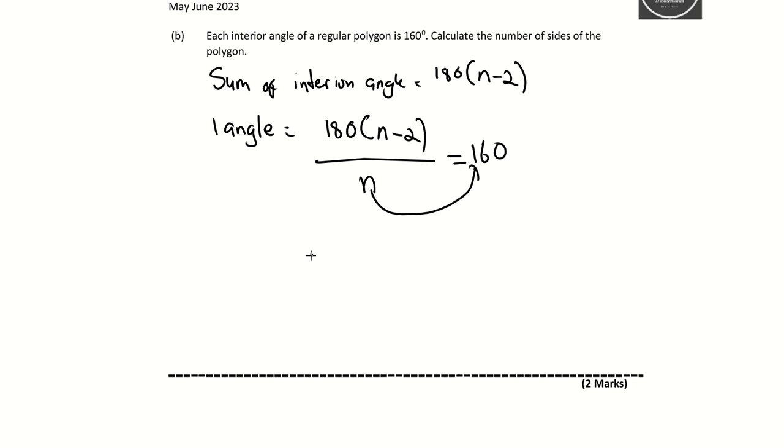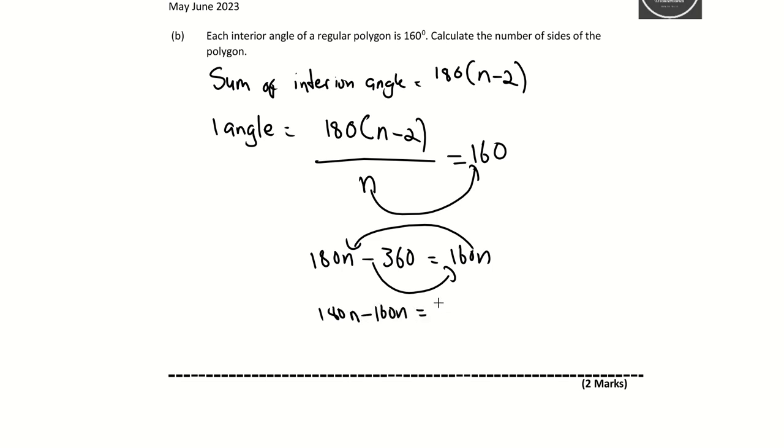Carry this across: 180n minus 360 is equal to 160n. You want all the n's by themselves. So 180n minus 160n is equal to 360. So that's 20n is equal to 360. So n would be 360 divided by 20, which is 18.